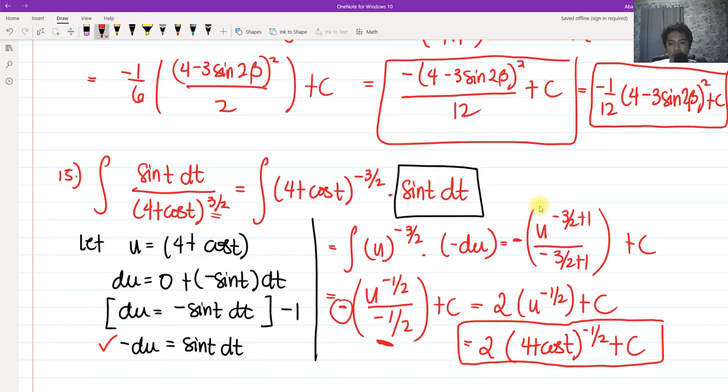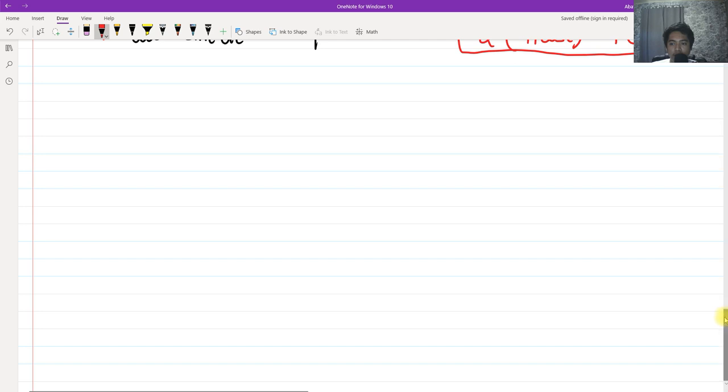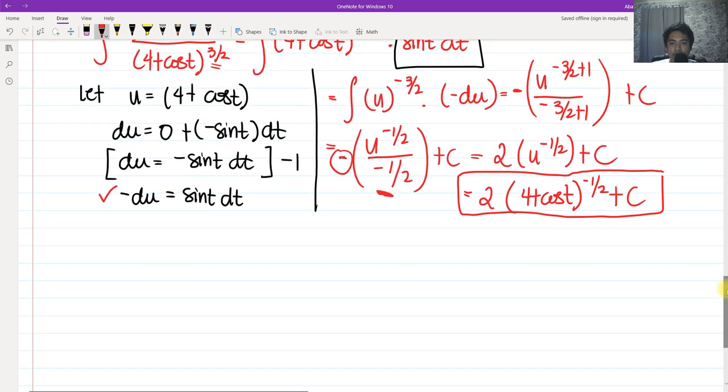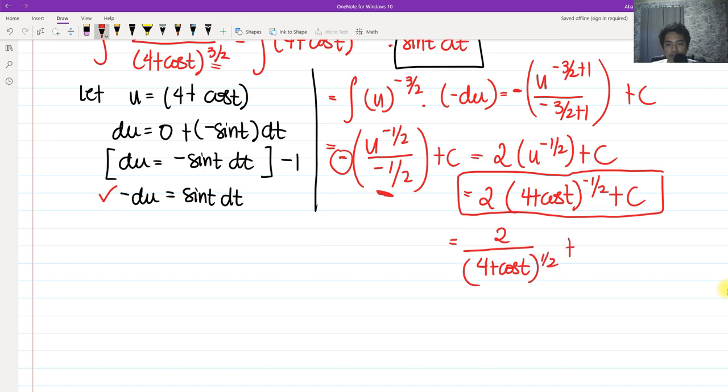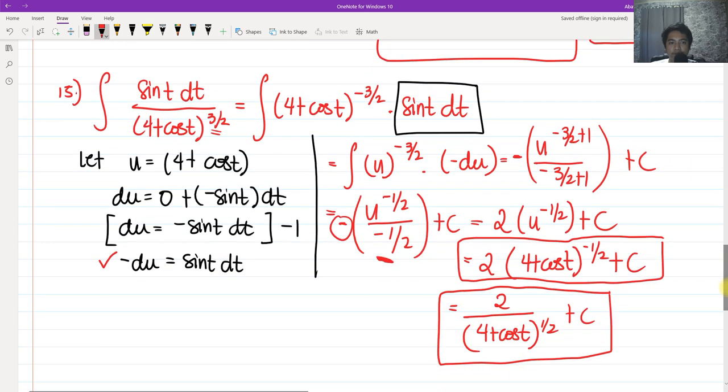It's a good practice to have a positive exponent on our final answer, so that we can negate it again by getting the reciprocal. So we have 2 all over 4 plus cosine t raised to 1 half plus c. So that could be our final answer also. Or 2 all over square root of 4 plus cosine t. So that could be our final answer.